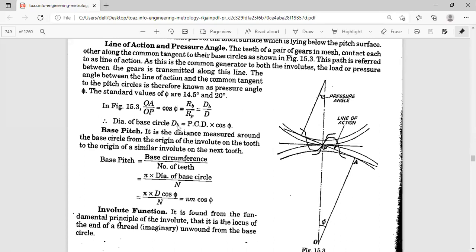Whenever you refer to the base pitch, it is the base circumference, pi times the diameter of the base circle, divided by the number of teeth. He has put N here, but in most textbooks it may be N, T or Z. In the design of gears, you try to follow the standard notation.